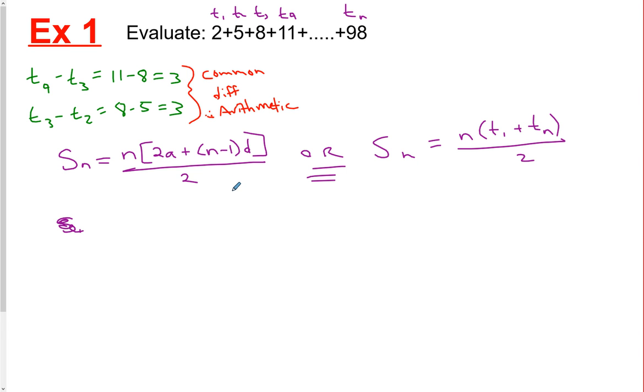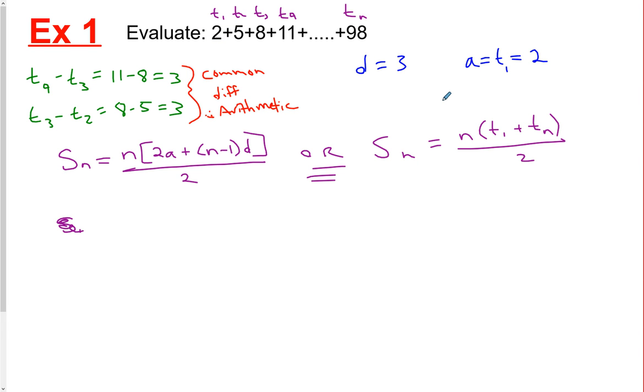Well, we know the common difference, right? Common difference D is 3. So that's one thing we've got. We know the first term, you can call it A or T1, whichever you prefer, is 2, because I can see that's the first term right there.